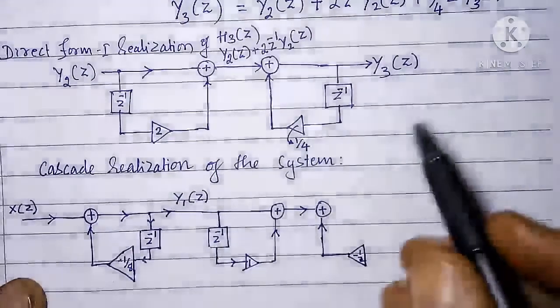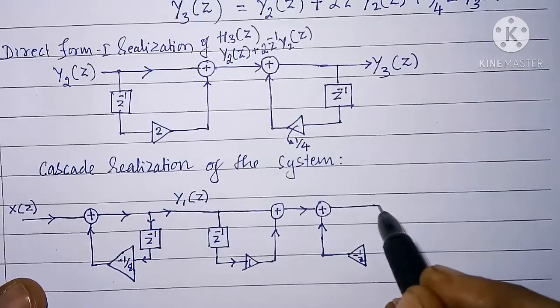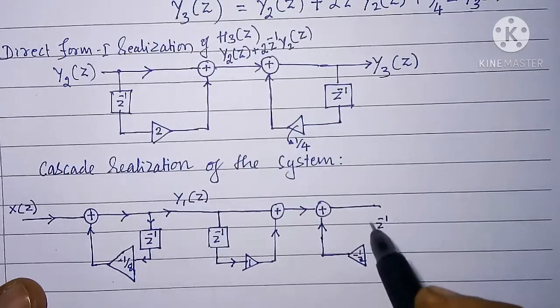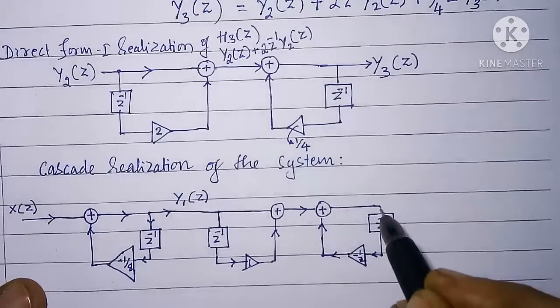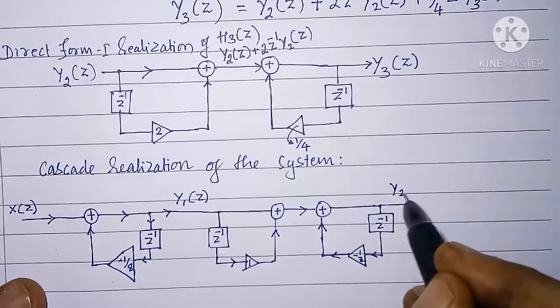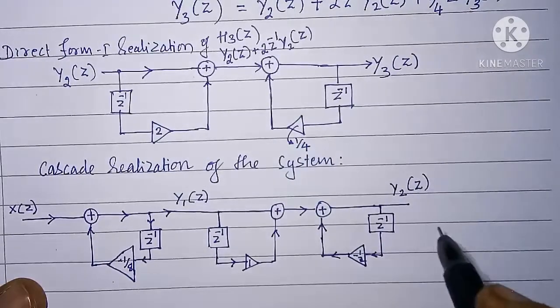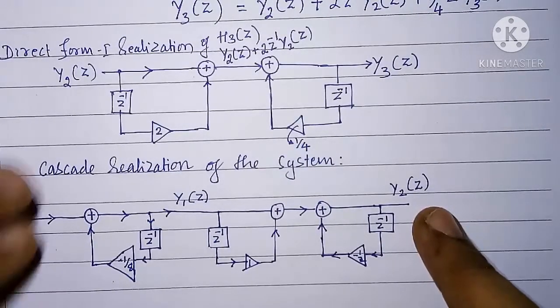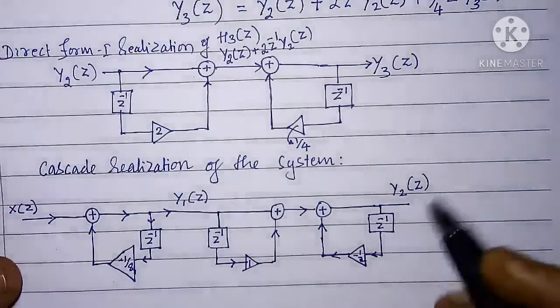Minus half here. Here we get y2 of z. To this y2 of z, this point from h3 of z we will connect.